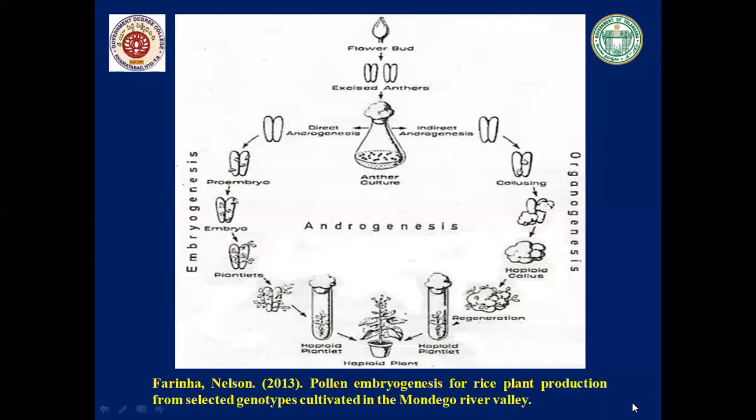This I have taken from Farina Nelson, where they published the paper on pollen embryogenesis for plant production. So this is the difference: one is the direct way, another is the indirect way. We will talk about androgenesis in detail in pollen culture. I just wanted to show the difference between organogenesis and embryogenesis.